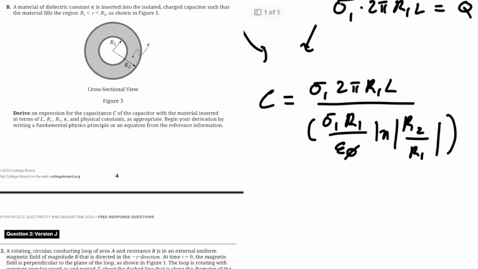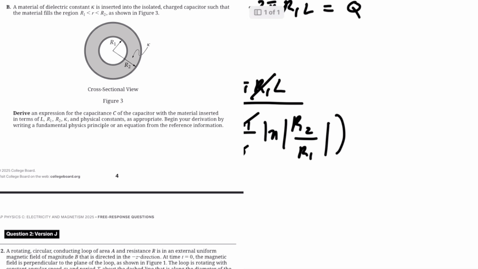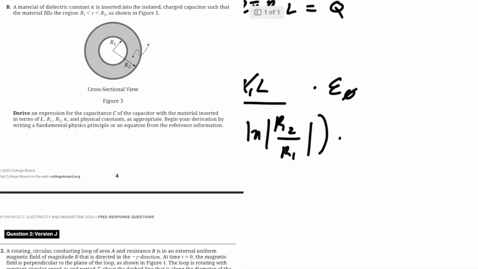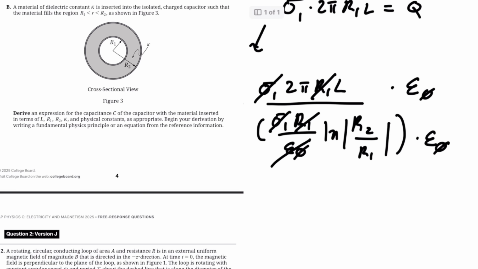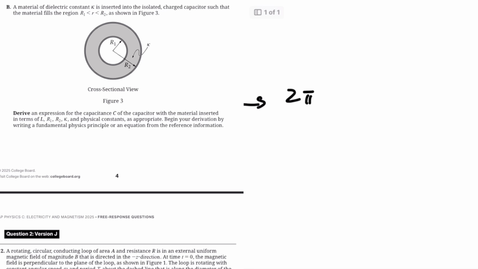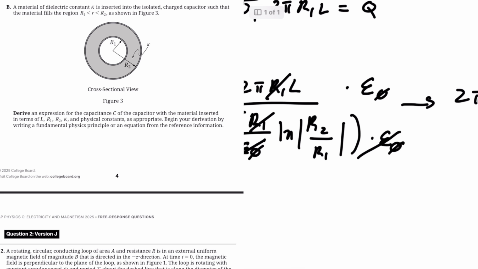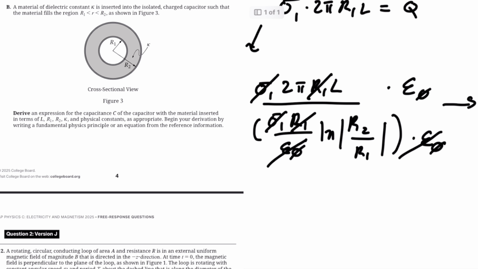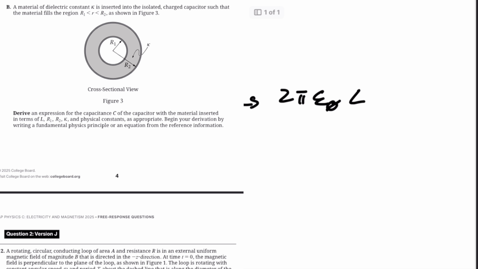So let's plug all that in. Bang. Now what can I cancel? I see R1 on the top and bottom, so I'll cancel that. And now I'm going to multiply by epsilon naught on both sides to get epsilon naught out of the bottom. That will give me 2 pi epsilon naught L over ln R2 over R1.